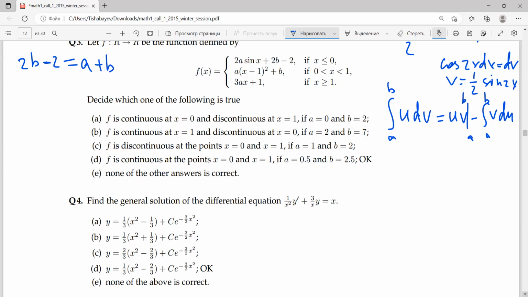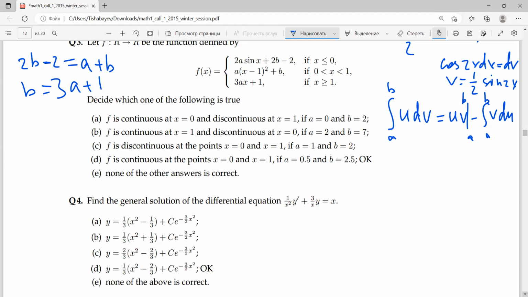And similarly, the one-sided limit at point 1. When it is 1, instead of x you put 1 here. It will be 0. It will be just b. b should be equal to, the third one here, 3a plus 1.